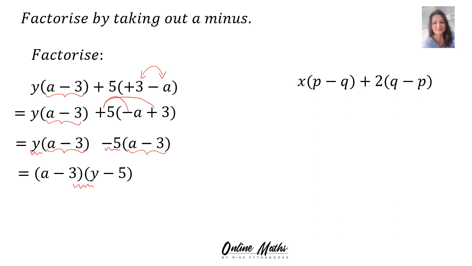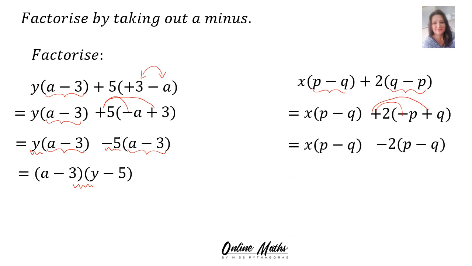Let's do another one. Factorize. Again, the first bracket is p minus q, but the second bracket is q minus p. So what I do is I swap the two around. Still the brackets aren't the same. So again, I'm going to pull out a minus as a common factor, and I'm left with negative 2 bracket p minus q.